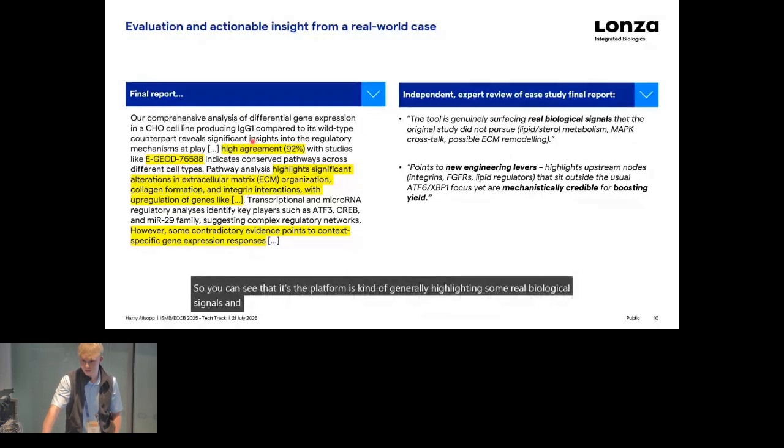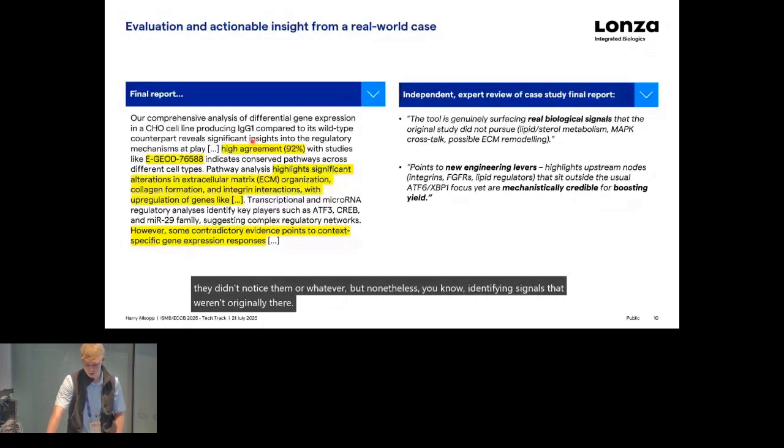and also things that the original manuscript didn't pursue, not necessarily because they didn't notice them, but nonetheless, identifying signals that weren't originally there. It was also exploring things that are mechanistically credible.